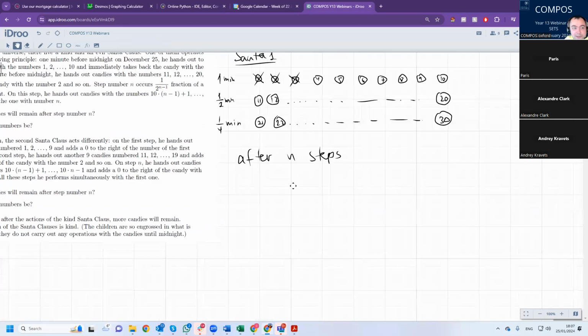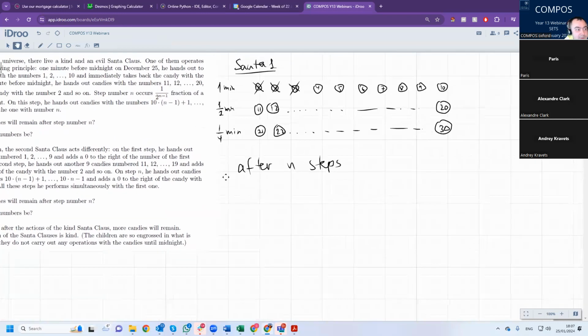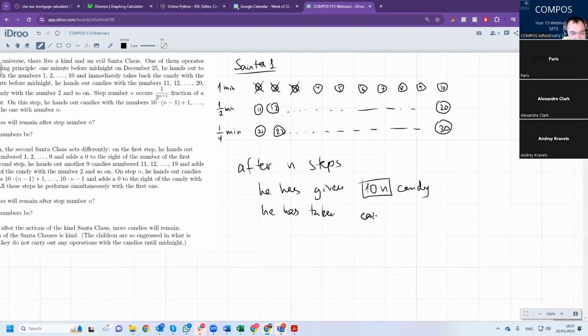Well, after n steps, he has given 10n candy, right? That makes sense because every time he gives out candy in tens, and he has taken candies 1 through to n.